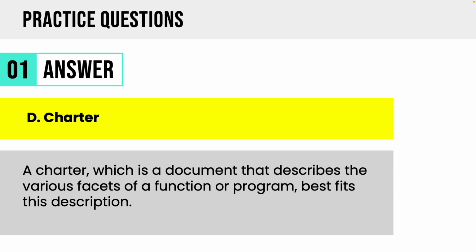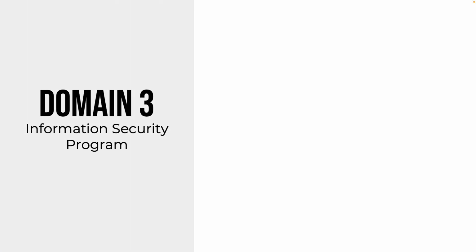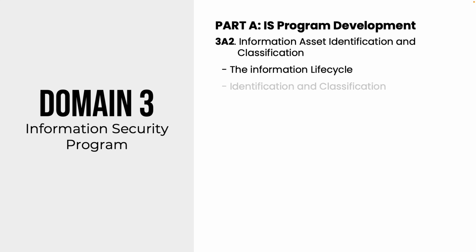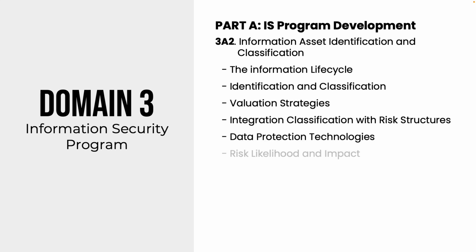And if you're cloudy on the charter or scope and charter, you can go back and revisit that concept in Domain 1, Part A in this series. And that brings us to 3A2, which is Information Asset Identification and Classification. So here we'll talk through the information lifecycle, classification, valuation.